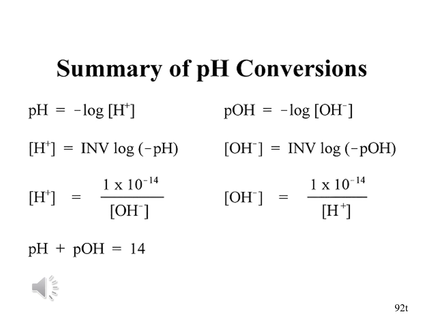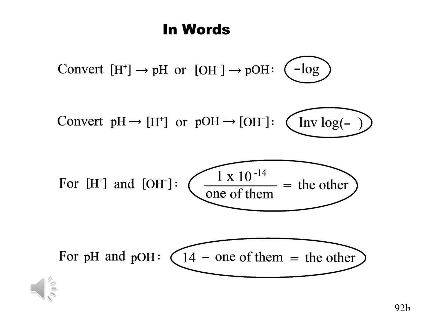I don't like these formulas as much as I do using words. So let me show you on the next page how you can remember this by words rather than formulas. You might like this better. If you're going from H plus to pH, in other words, molarity to an ordinary number, or the same for OH, the function you want to use is minus the log, because a lowercase p means minus the log.